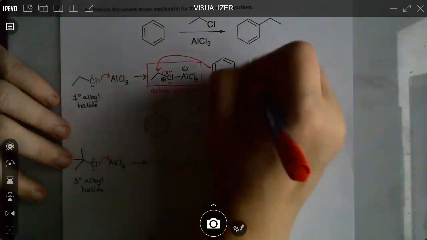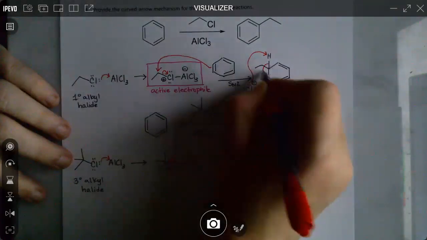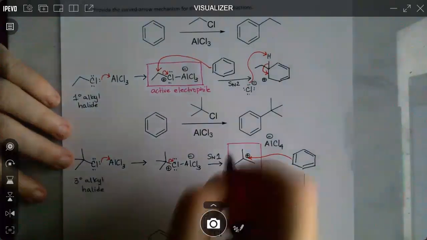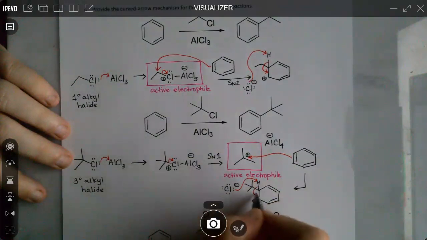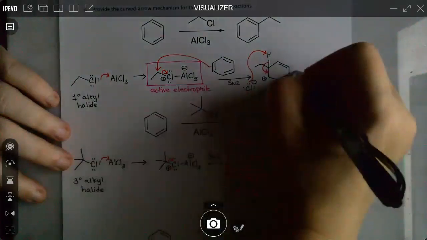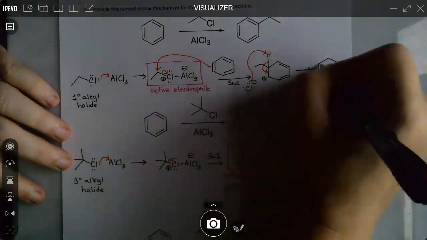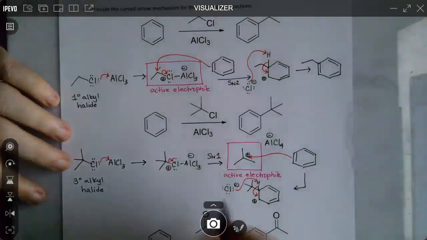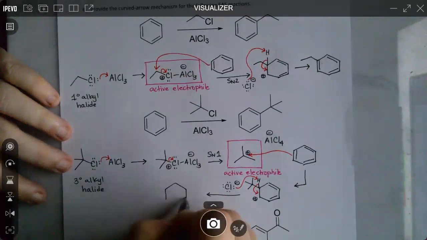So we want to do acid-base: chloride takes the proton, electrons come down to regenerate the aromatic ring. Chloride takes the proton, electrons come down to regenerate the aromatic ring. And we get the product now, which is ethylbenzene in this case, and the product over here, which is tert-butylbenzene.